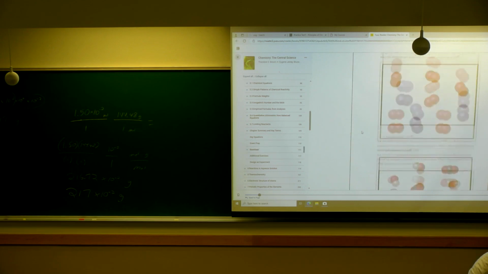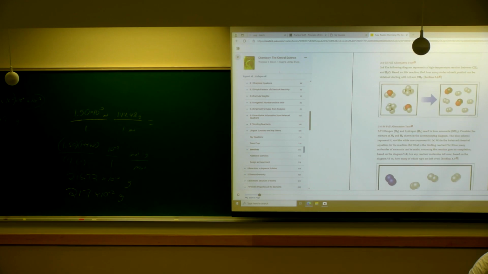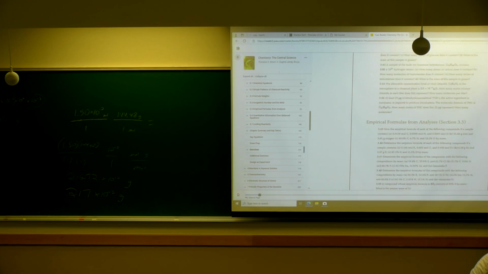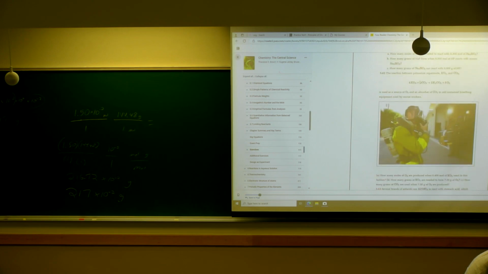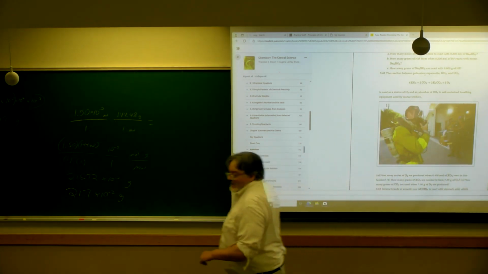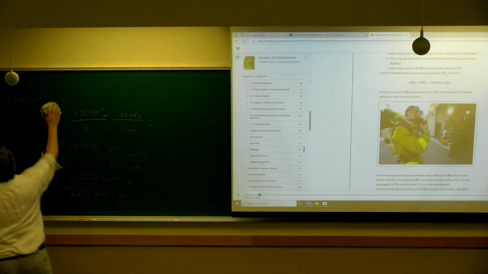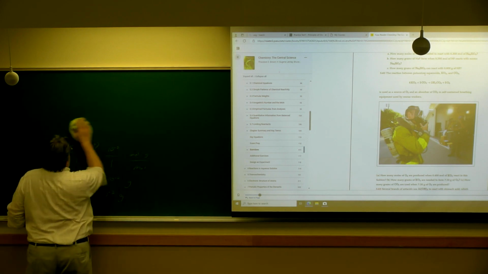We've got... Yeah, I guess that works as how many moles of HF. But I don't want to do that. I'll do this one. So 3.62. So now you're looking at a chemical equation.